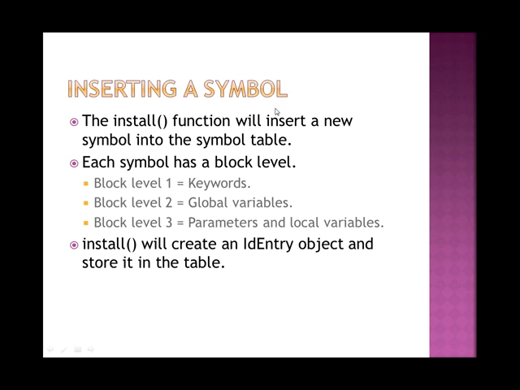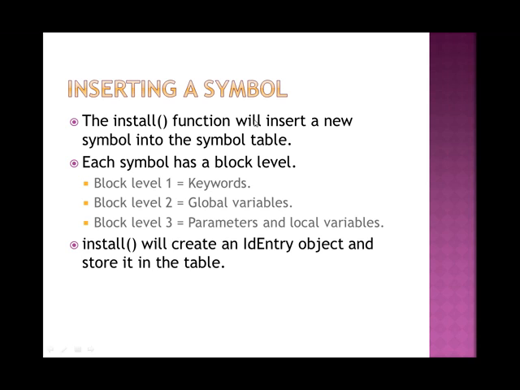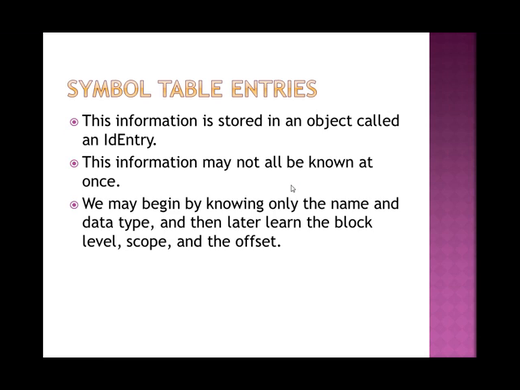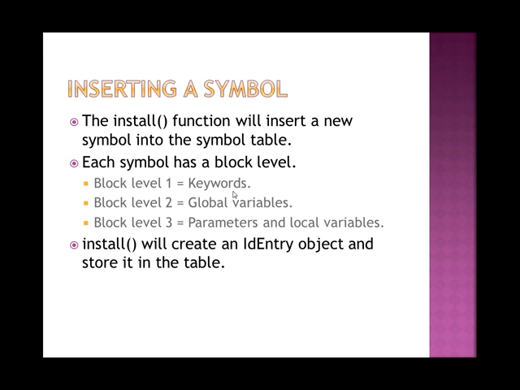Then how to insert a new symbol. The install function will insert a new symbol into the symbol table. Every symbol has a block level, that is an int type. Block level 1 equals keywords.